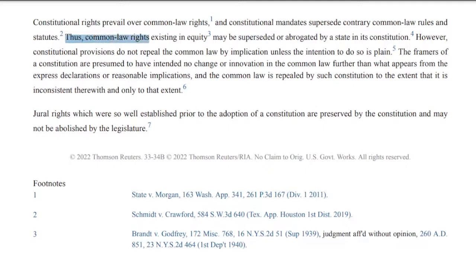Thus, common law rights existing in equity. So let's break this down here. What do we mean by existing in equity? And that's a good question so we can break down these words a bit better. Equity is a common word to hear these days, and we talk about equity in a legal context. It becomes a little bit different, and we're going to get into that right now.